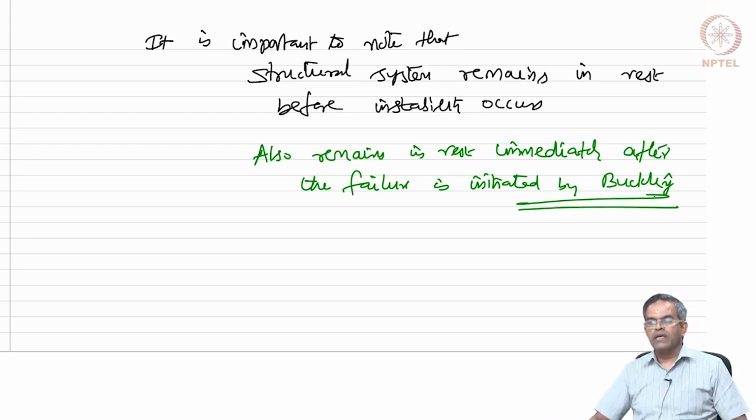So, instability will initiate a failure and buckling is a failure. Instability is a geometric displacement, it is a geometric imbalance. The consequence of instability is buckling.